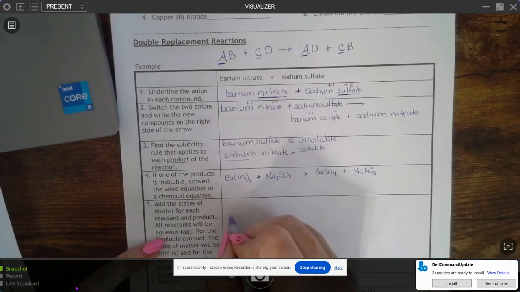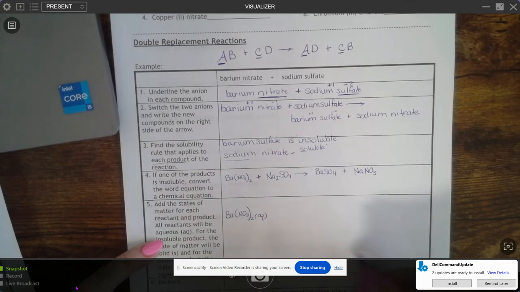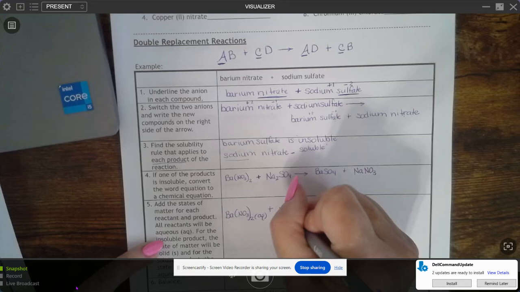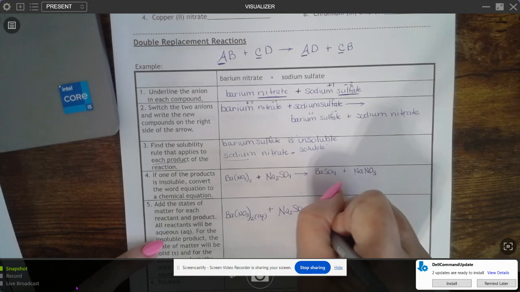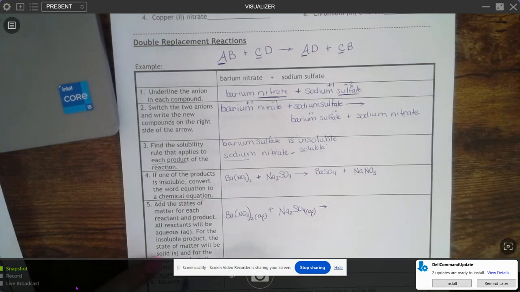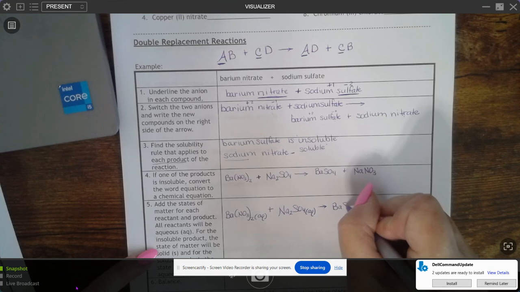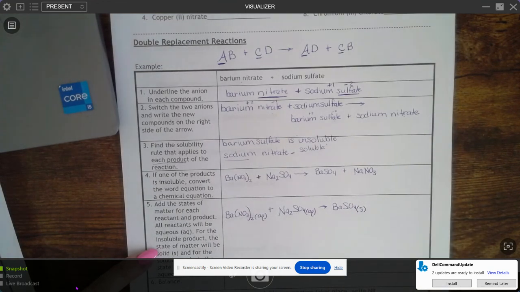So my reactants, I'm going to have Ba(NO3)2 aqueous, means dissolves in water, plus Na2SO4 aqueous. And then for the insoluble product, barium sulfate, I have BaSO4 (s). That means solid.